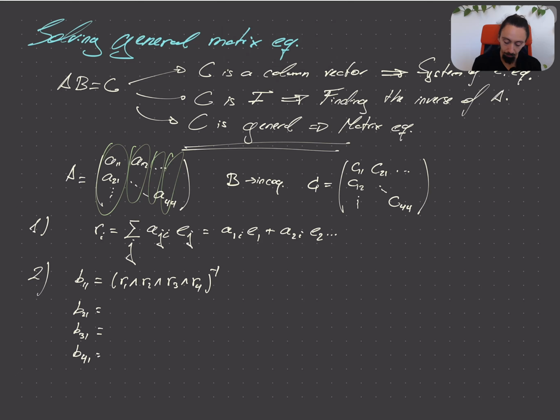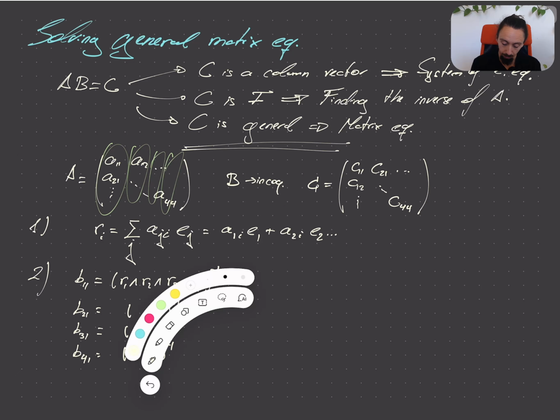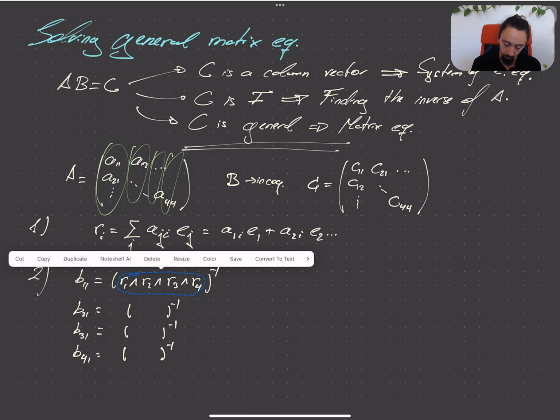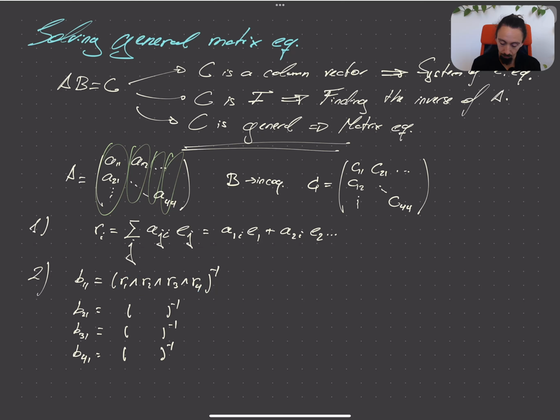The prefactor is always the same, so I will summarize it as the thing between parentheses to the minus 1. And here is where the beautiful trick comes through. We get this object, and we paste it here 4 times.